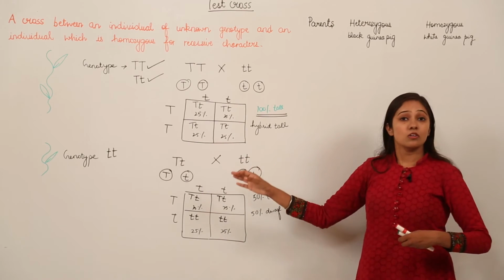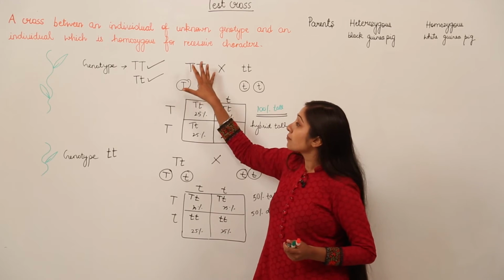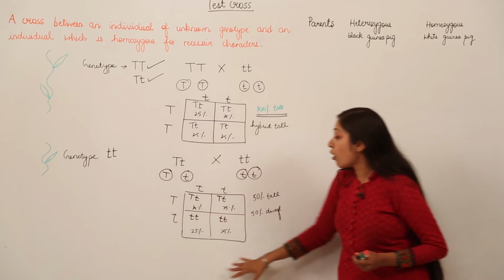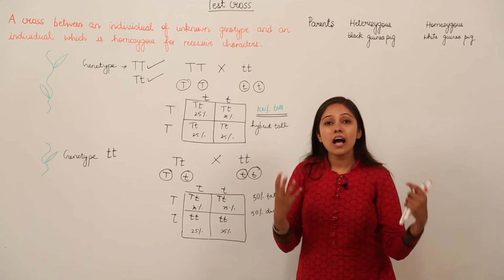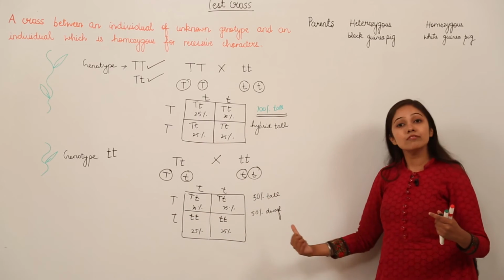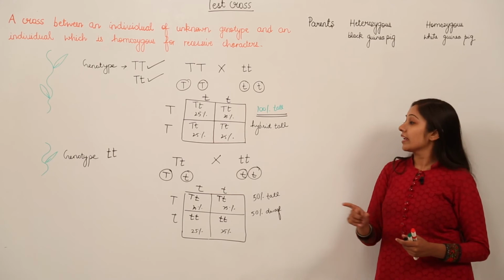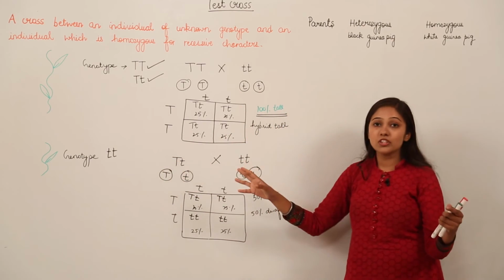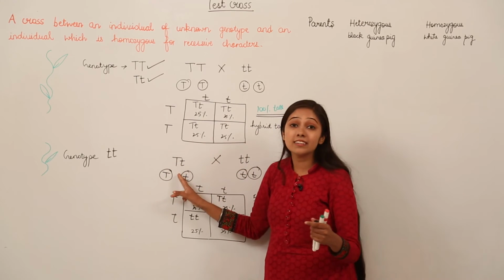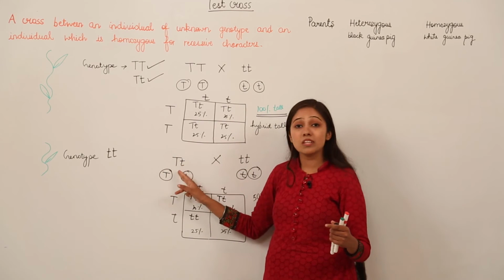So you can make out that if you have an idea of the offspring, you have sown some seeds in the garden and you have plants that are 50% tall and 50% dwarf, the parent genotype, or one of the parent genotypes, should have been a heterozygous one. It should not have been homozygous. Why?